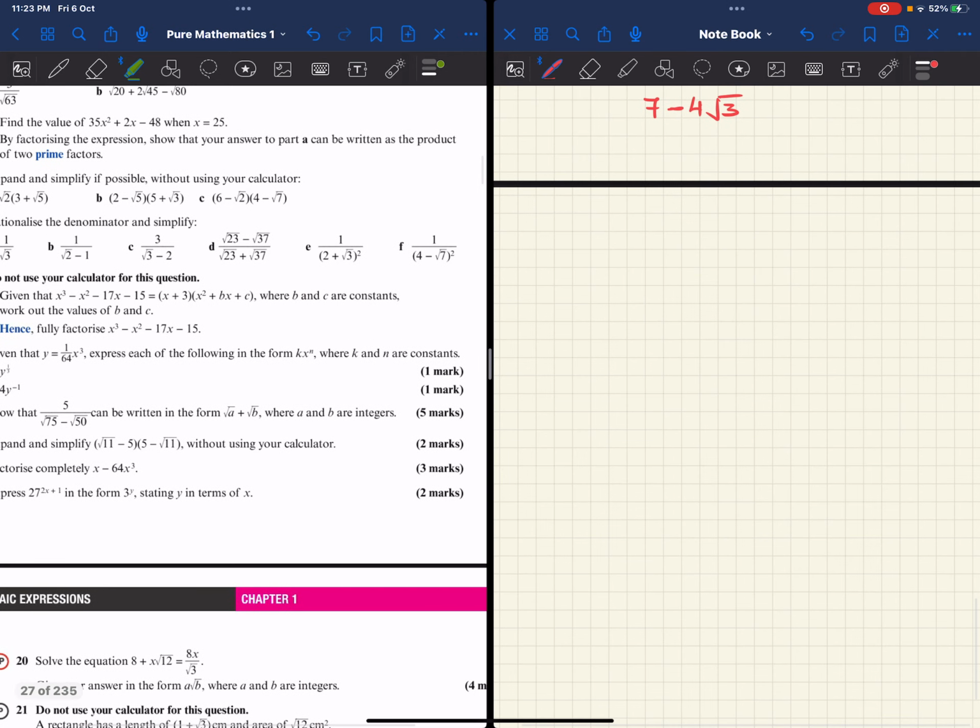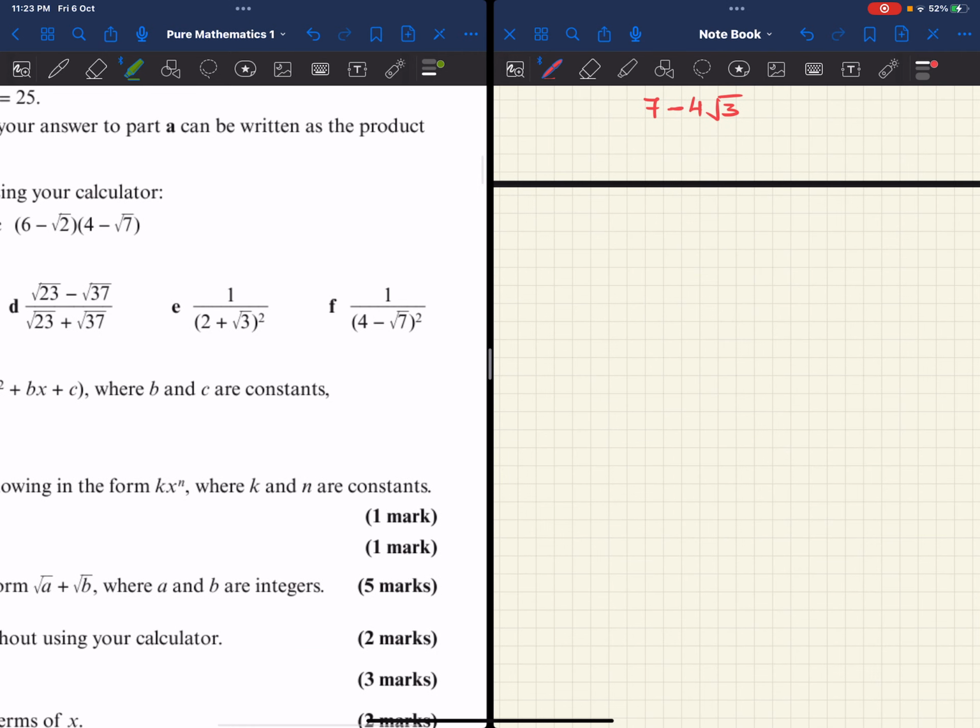Moving on to the last from this category, we have f, 1 divided by 4 minus root 7 the whole squared. Once again, before moving to rationalize the denominator, we will first simplify the denominator.